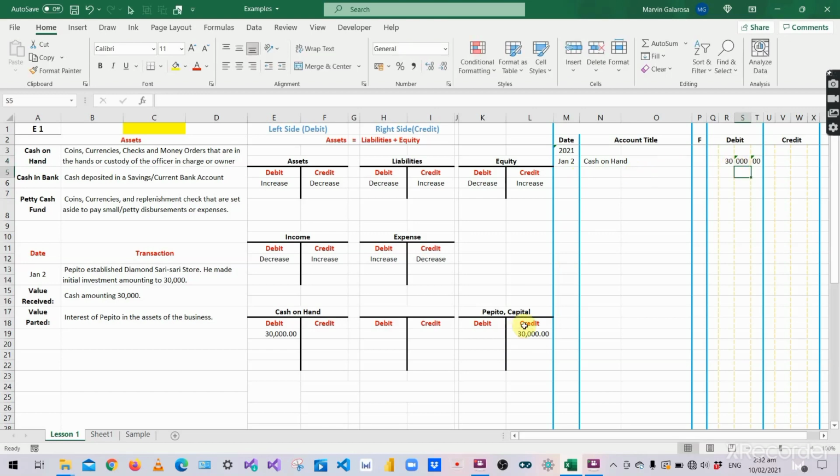Credit mo naman si Pepito Capital, 30,000.